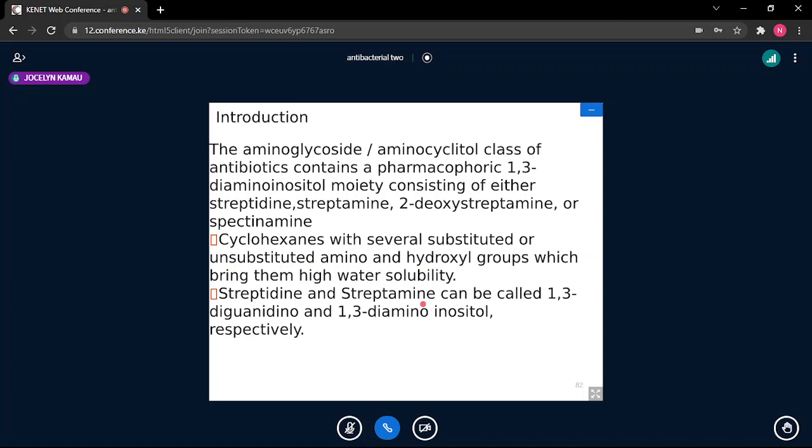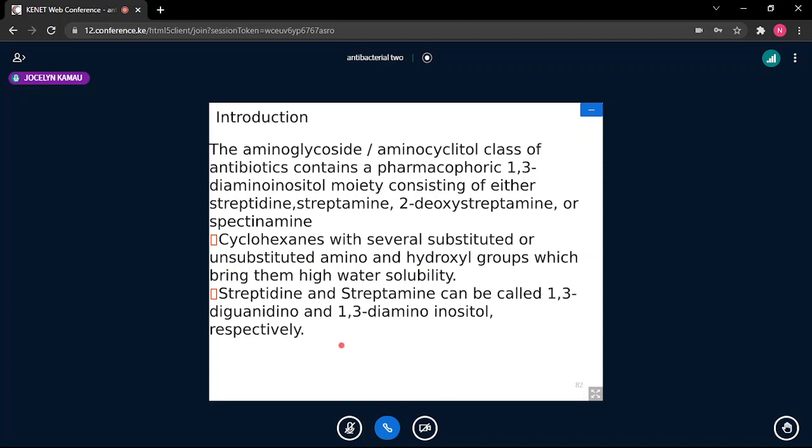Streptidine and streptamine can be called 1,3-diguanidinoinositol for streptidine and 1,3-diaminoinositol respectively. So this is the 1,3-diamino, and that is the 1,3-diguanidino. And as we are saying, cyclitol and inositol are kind of interchangeable.